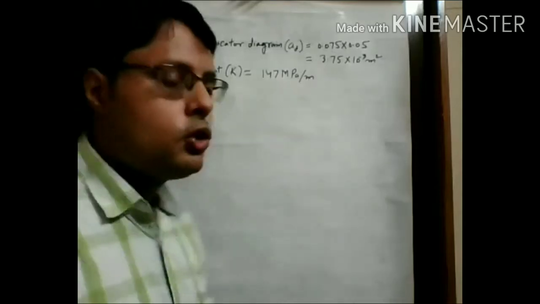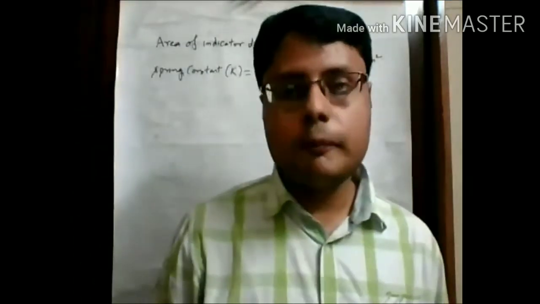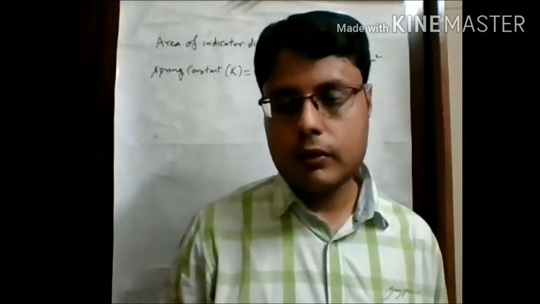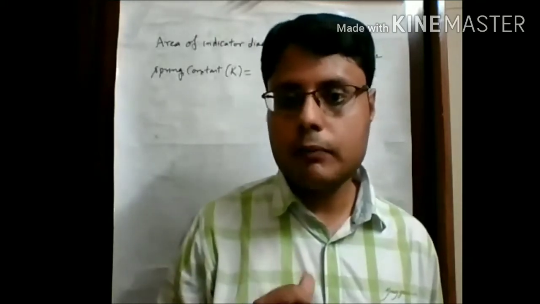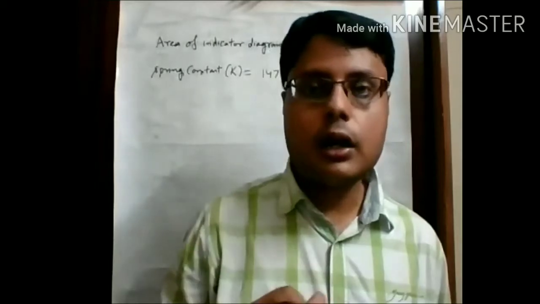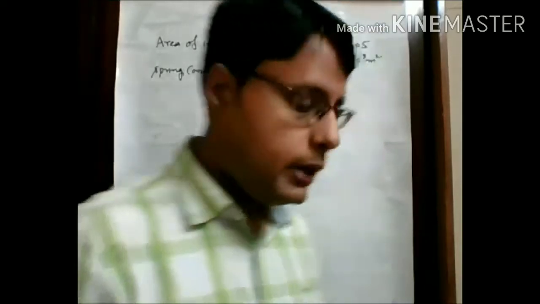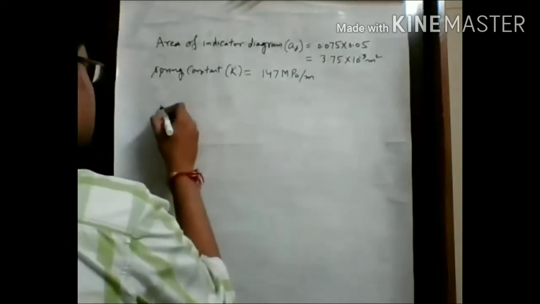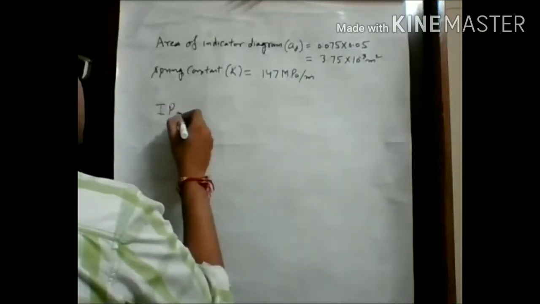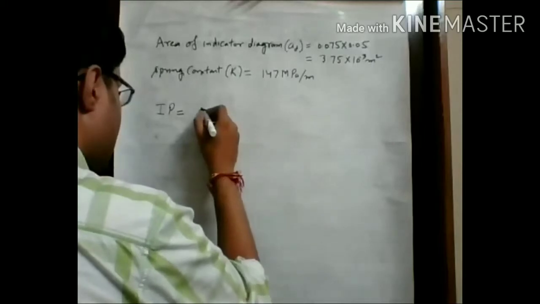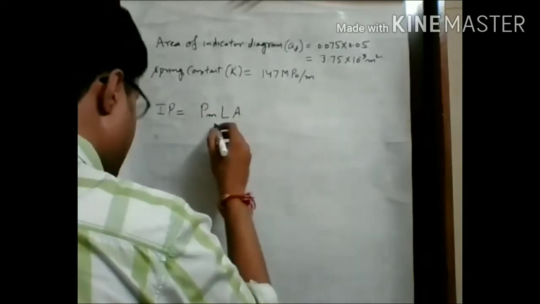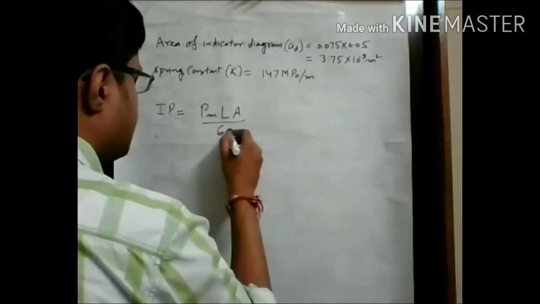This is given. So in this problem, the question is asking about indicated power. We have to calculate indicated power. So what is the expression of indicated power? Indicated power expression is equal to PM L A N upon 60.